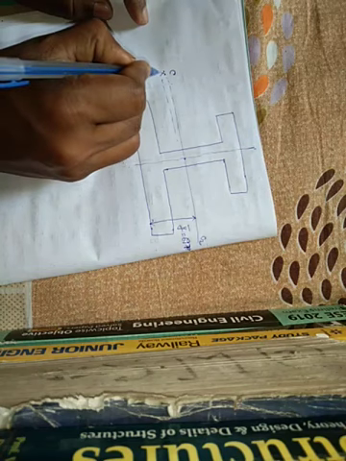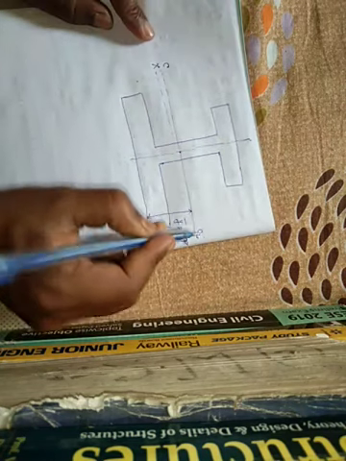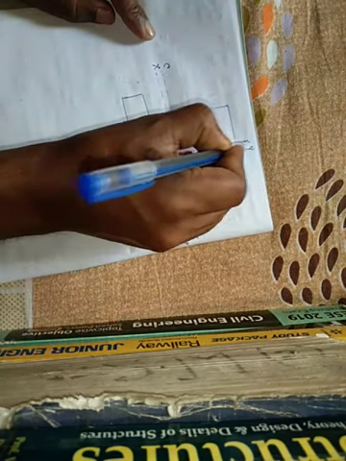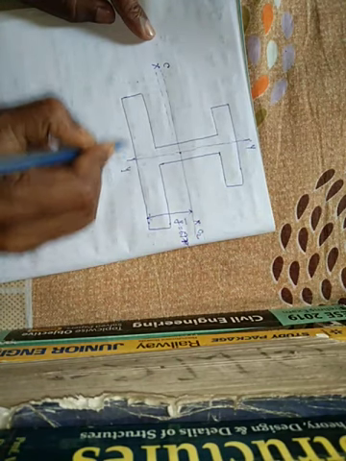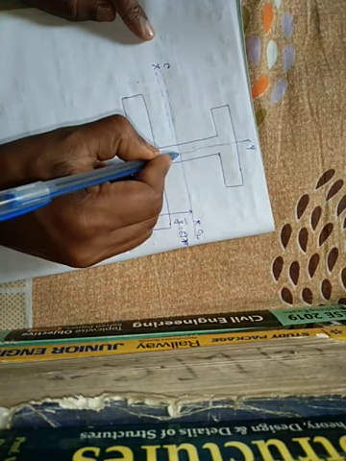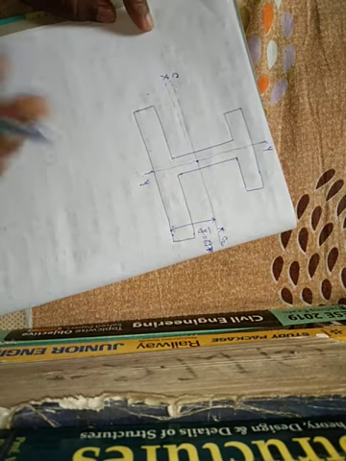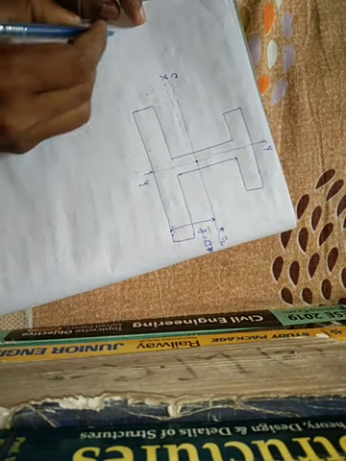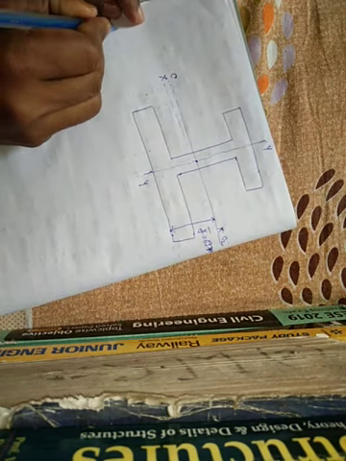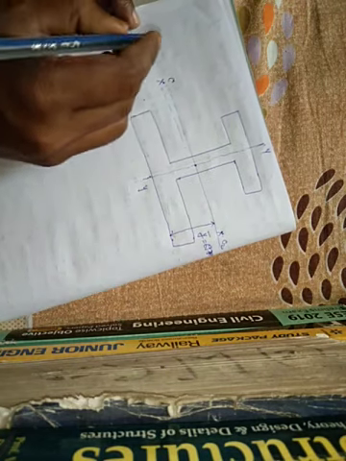Say this is x, and this is the y axis. This is the x axis and this is the y axis. We have to find the moment of inertia about the x axis, which is passing through the CG.